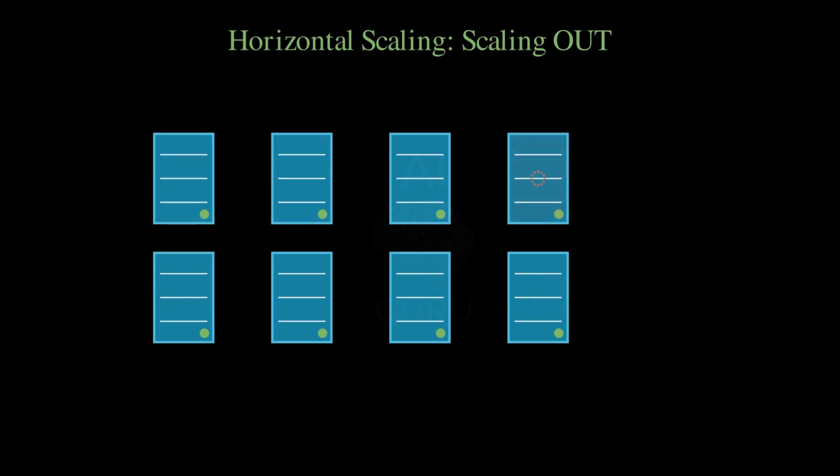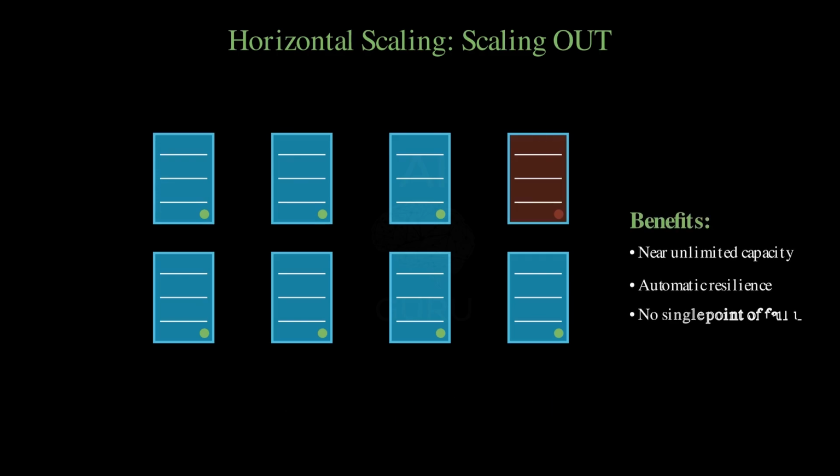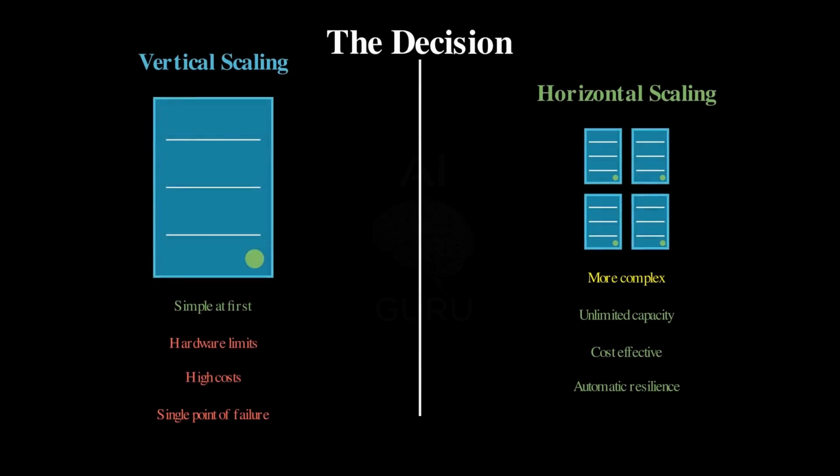Horizontal scaling provides near limitless capacity because you can always just buy and add another cheap server. And crucially, it provides automatic resilience. If one of your 100 servers fails, 99% of your capacity is still operational. You trade that operational simplicity for total resilience and the promise of near unlimited capacity. For any system focused on continuous availability and massive user growth, horizontal scaling is mandatory.